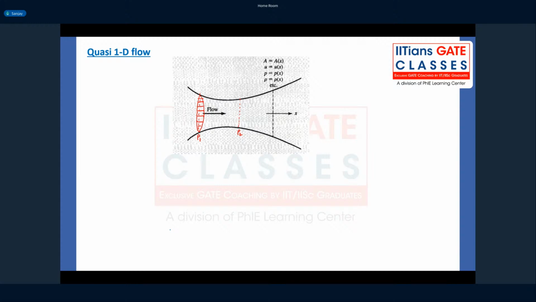So the pressure does not vary with y or with the radius of the duct. There is no internal variation, only variation along the length. So there is only dou by dou x, whereas dou by dou r is 0, which means there is no radial or lateral change in the properties. It is only changing with x.